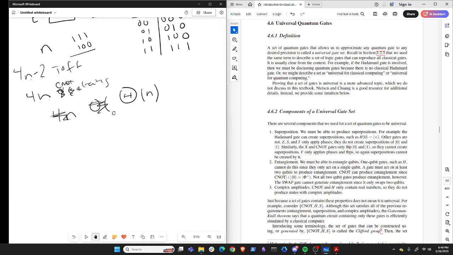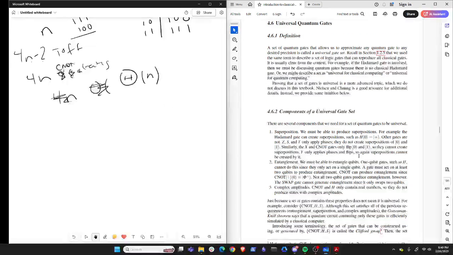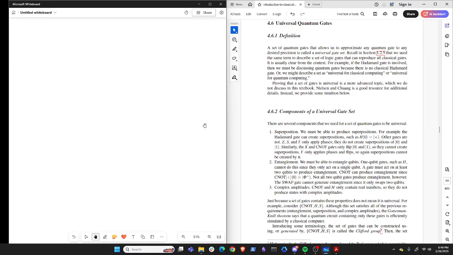Universal quantum gates. I think this is the last part of this chapter. So what is a universal quantum gate to begin with, right? Universal quantum gates are the sets of gates with which we can build all other gates.